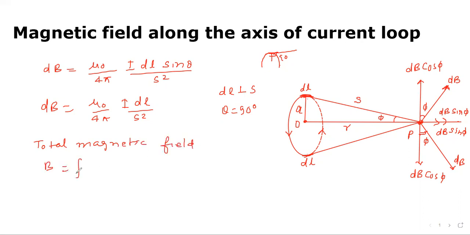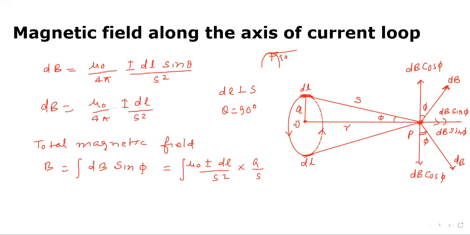So we can say that the total magnetic field B is equal to the integration of dB sin phi. So we put the value of dB. dB is mu naught I dl upon s square, and sine phi from here is perpendicular upon hypotenuse, that is a upon s.